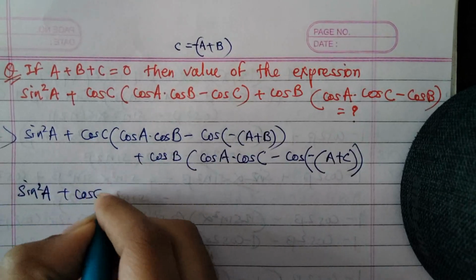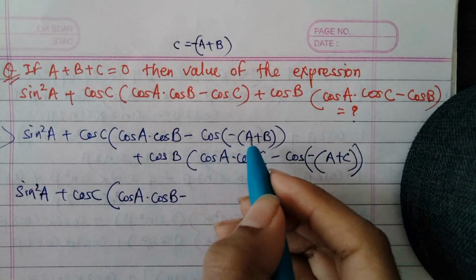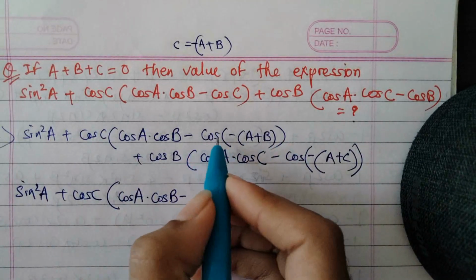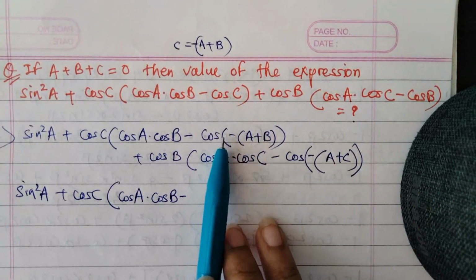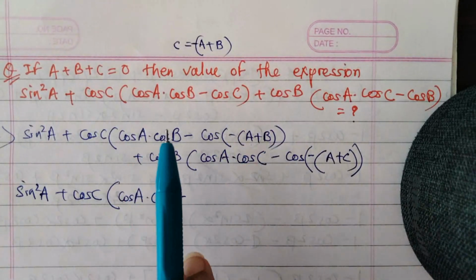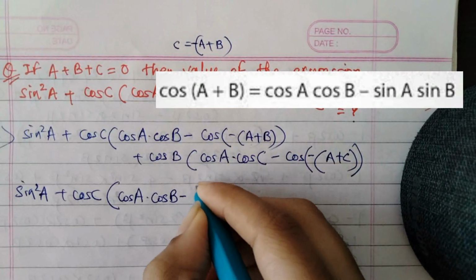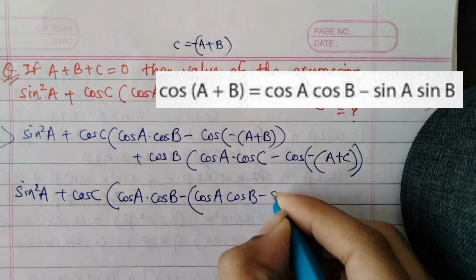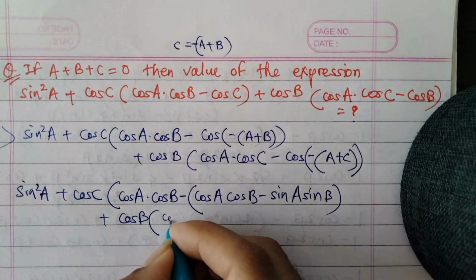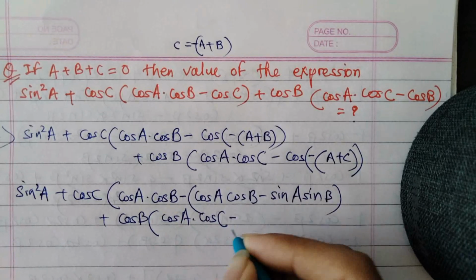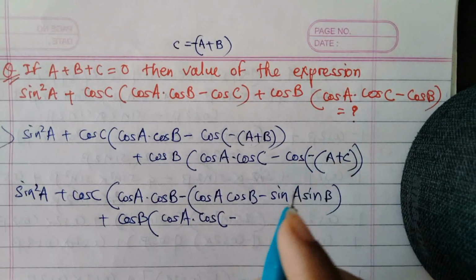So now let us expand this. Sin square A plus cos C into bracket cos A into cos B minus cos of minus A plus B. Cos of minus theta is equal to plus cos theta, so cos of minus A plus B will be cos of A plus B. To expand the bracket, we will use the formula of cos A plus B, which is cos A cos B minus sin A sin B. Similarly here, cos B into bracket cos A into cos C minus cos of minus A plus C, which will become cos of A plus C using the formula cos of minus theta is equal to plus cos theta.